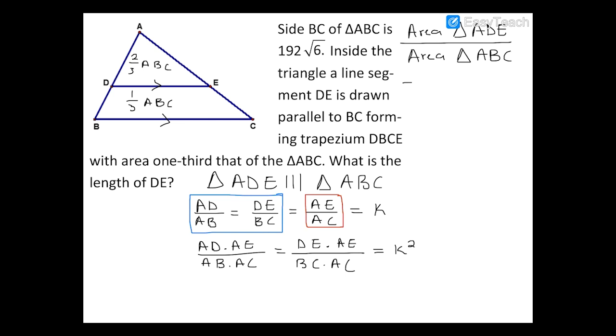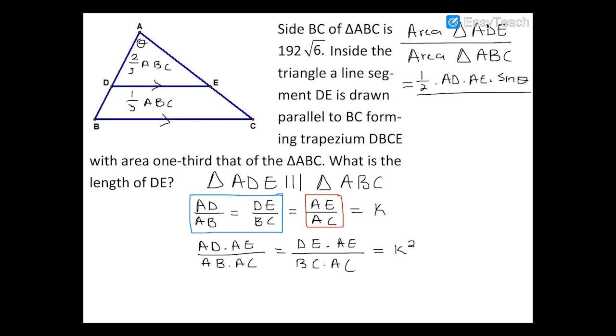Now, using the area rule, I know that the area of ADE, if I call the angle A there theta, will be half multiplied by AD multiplied by AE multiplied by sine of theta.